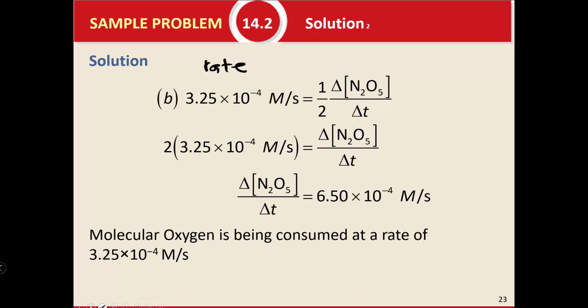So if we want to solve for the rate with respect to the dinitrogen pentoxide, we multiply both sides of this equation by 2. And that's what they have here. And so 2 times that value gives me that number. And so the rate with respect to the dinitrogen pentoxide is 6.50 times 10 to the -4th.